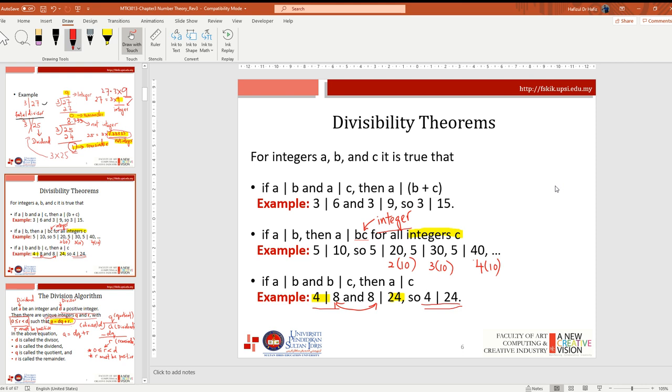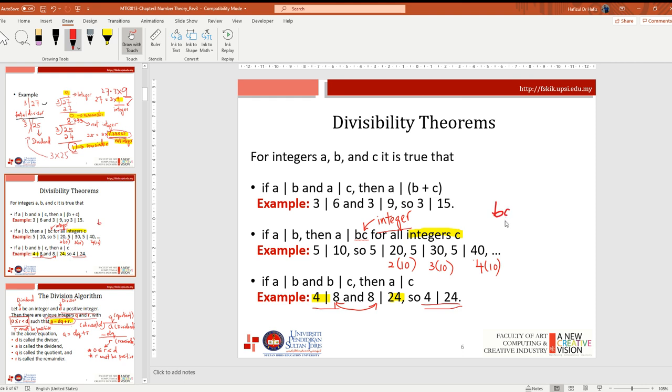Okay, and then for the divisibility theorem, especially for integers a, b, and c, it's true that 3 can divide 6 and 3 can divide 9. So 3 can divide 15. If a divides b, then b is a product of a and c.